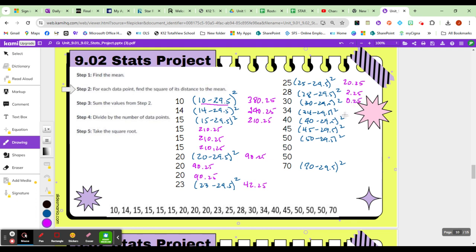We do 34 minus the mean and we square that, we get 20.25. When we do 40 minus the mean and we square that, we get 110.25.